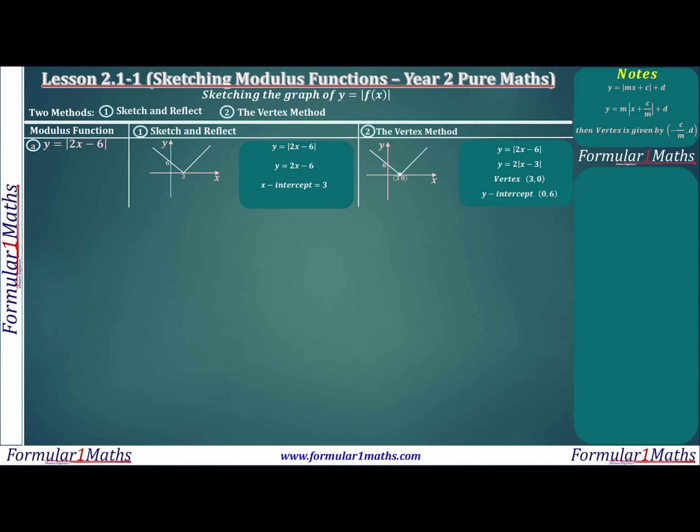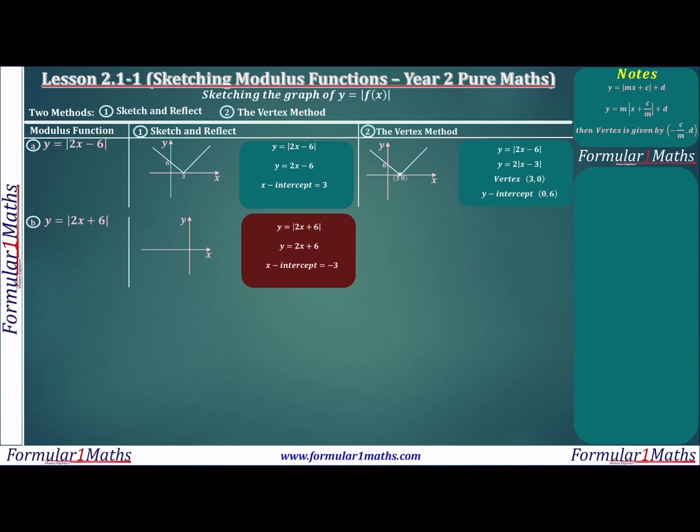We're going to solve 3 more questions using the 2 methods. So here, I'll draw my axis. And then I've got y equals the modulus of 2x plus 6. I remove the modulus sign to get the following. Then I'll draw our sketch, and I can see that I've got a y-intercept of 6, and an x-intercept of minus 3.